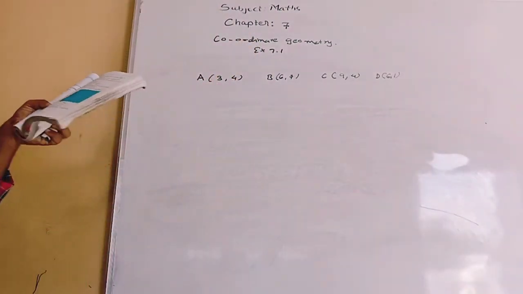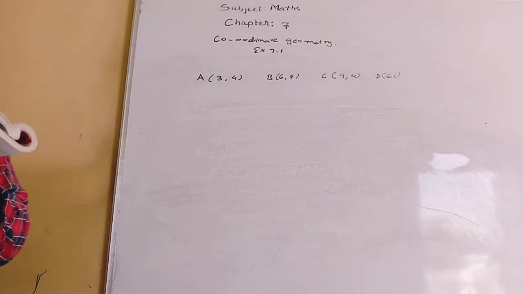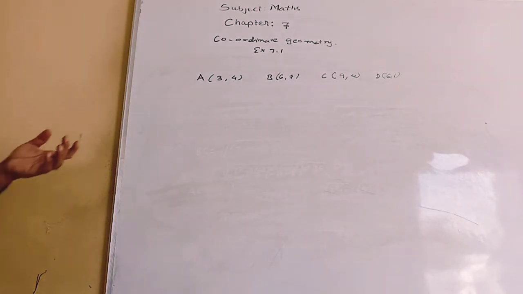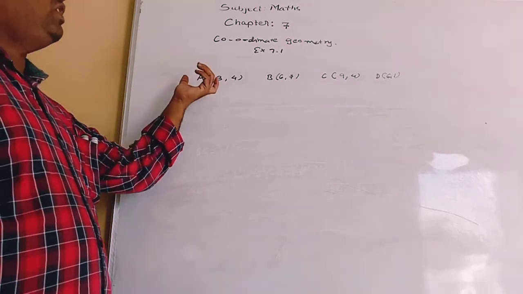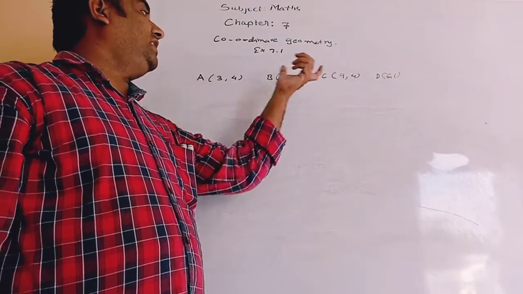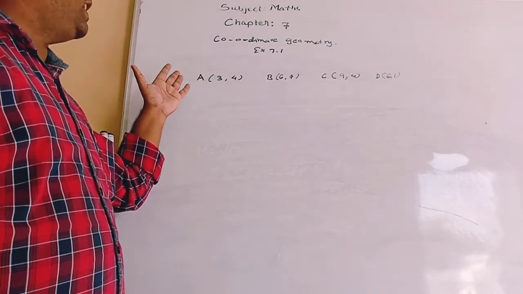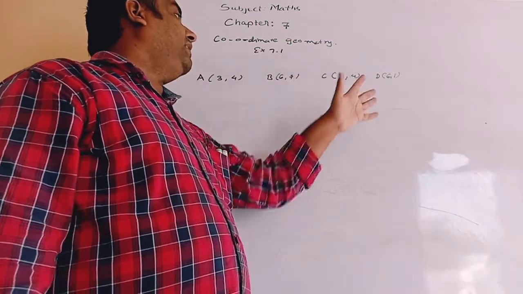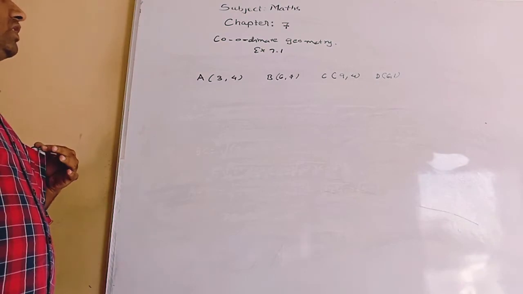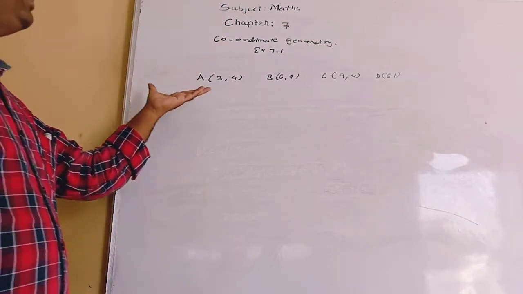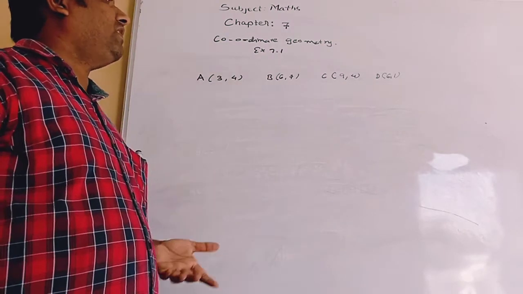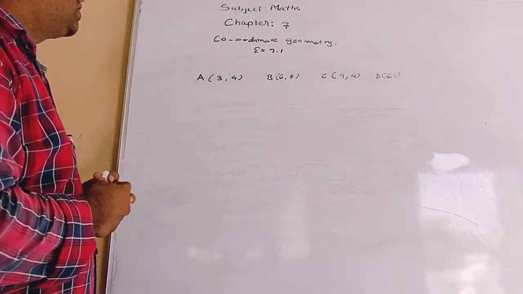Now the question is whether they are forming a square or not. To form a square, all four sides AB, BC, CD and AD must be equal, as well as its diagonals AC and BD must be equal. If the four sides and two diagonals are equal, then they form a square, otherwise they do not.